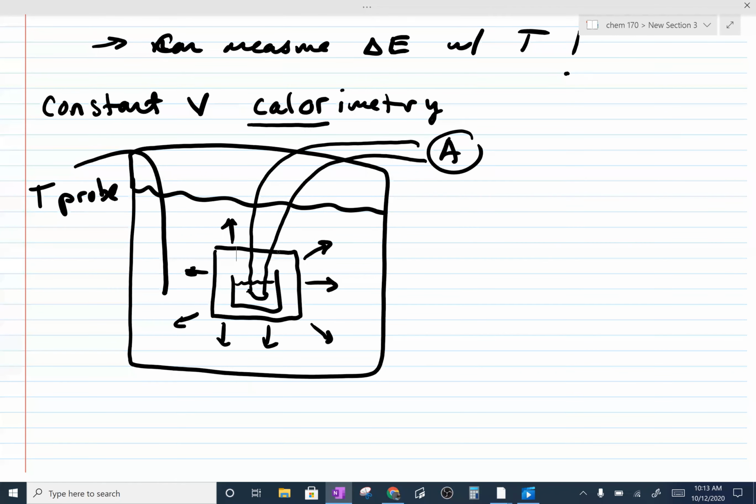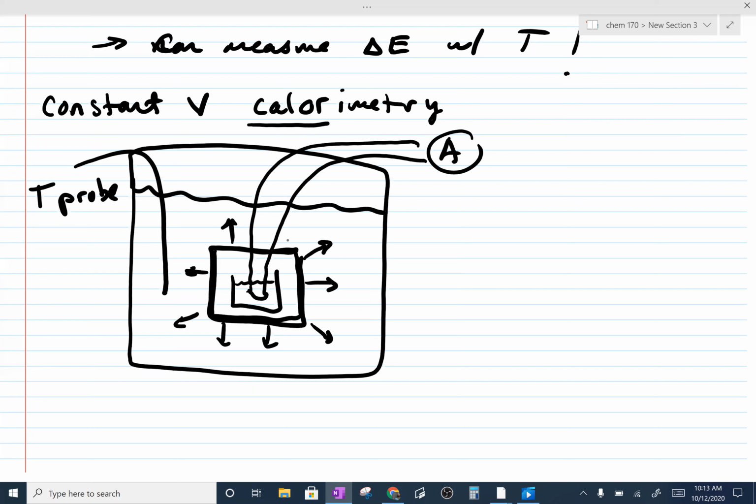Inside this little square right in the center here, we place some type of substance, and then we burn that substance in the presence of a known amount of oxygen, and the released energy is absorbed from the system into the surrounding water, and we measure the temperature in the water.